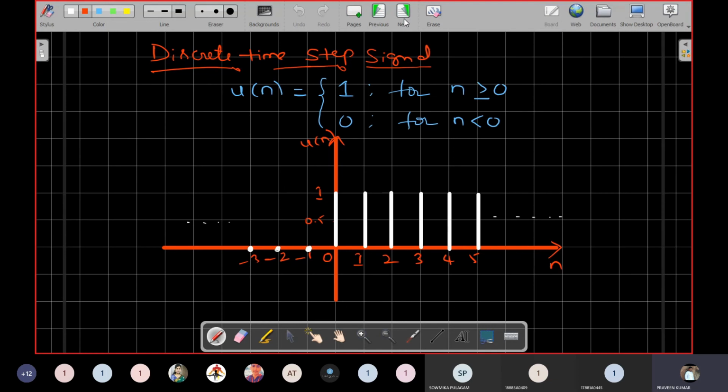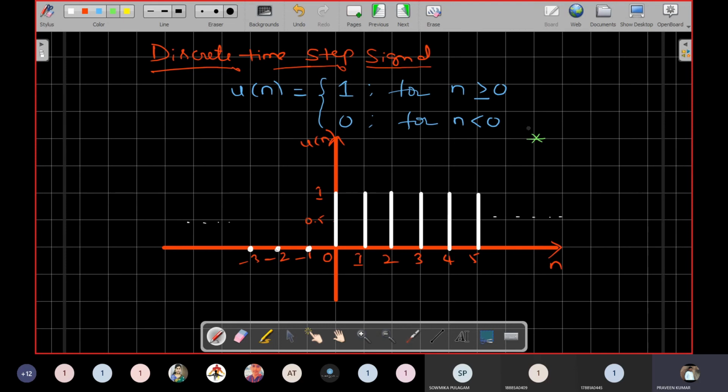Why is this signal called a basic signal? Anyone of you? Why are we treating the unit step signal as a basic signal? The reason is, see, if you want to realize any signal or use any signal in practical applications, then that signal exists only for the positive time.